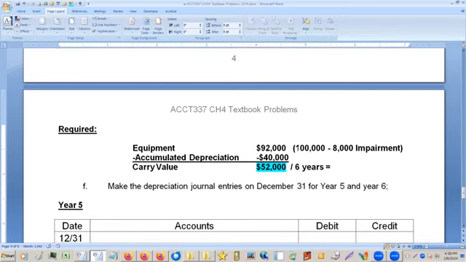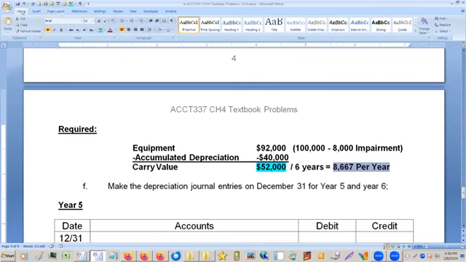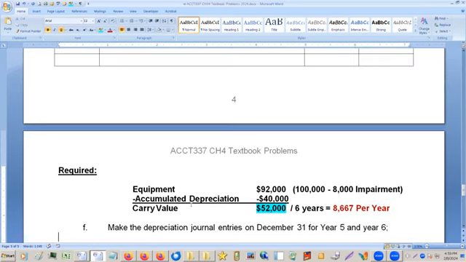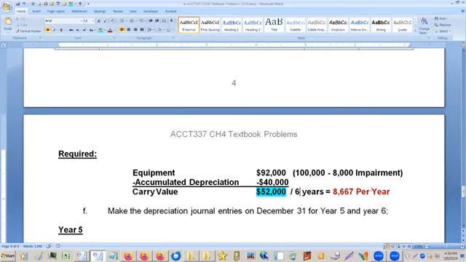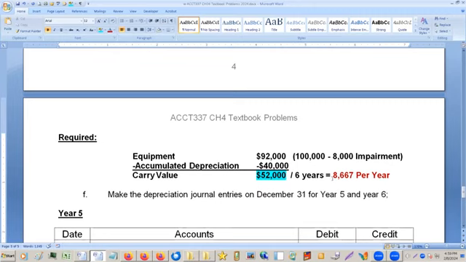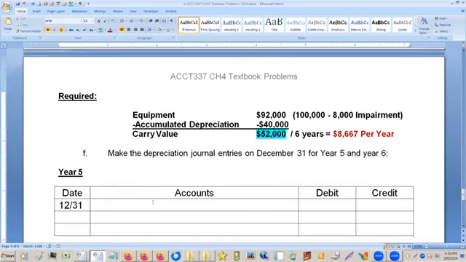So this would be 8,667 per year. So we wrote it down by 8,000. There's 52,000 value of this thing left. We're going to write off over 6 years. And this yucky number is what we're going to use. Okay.